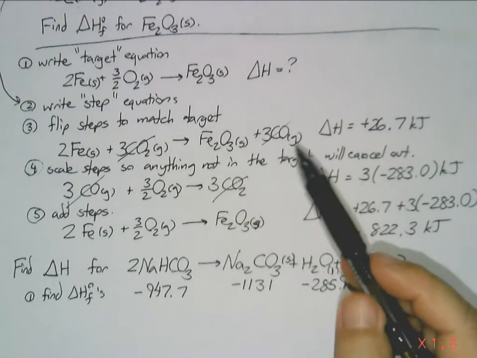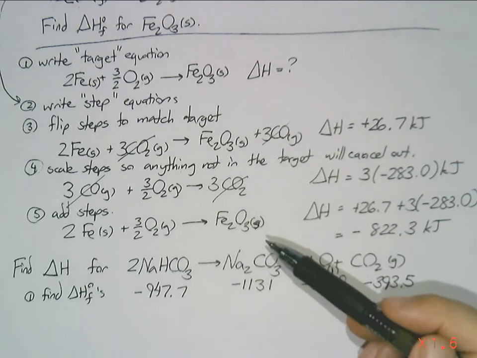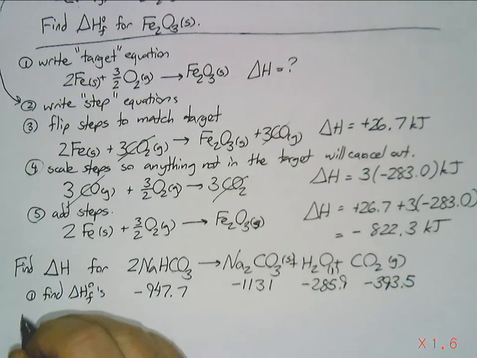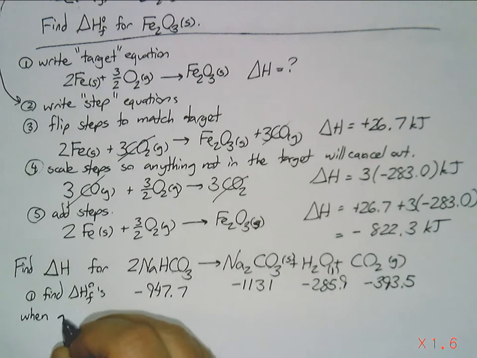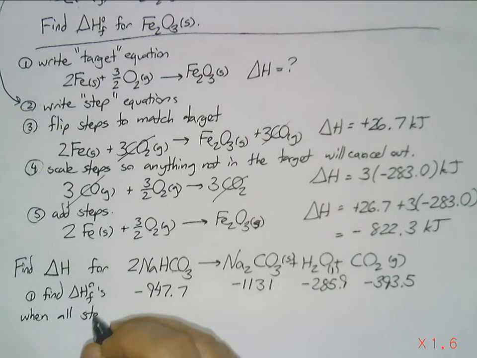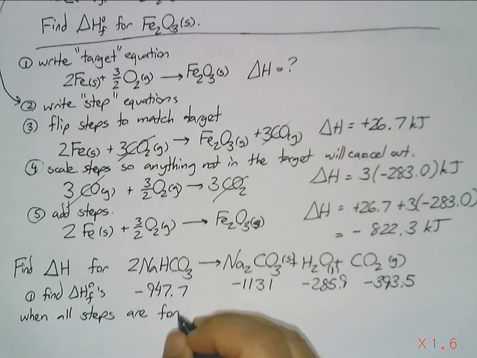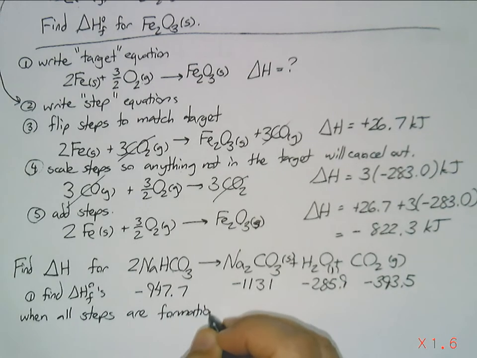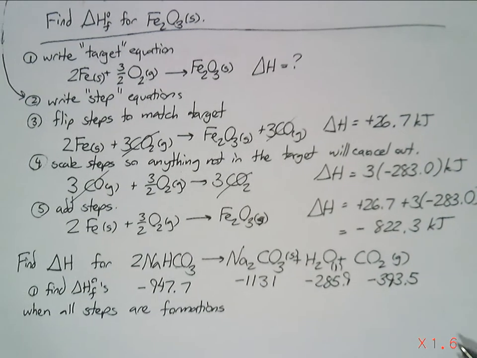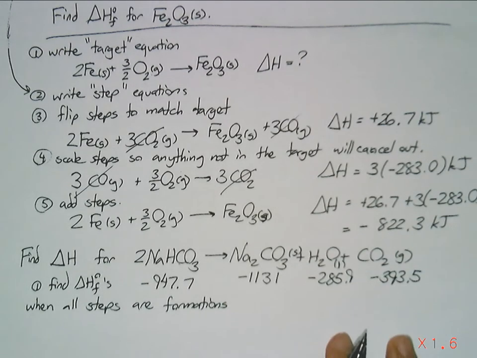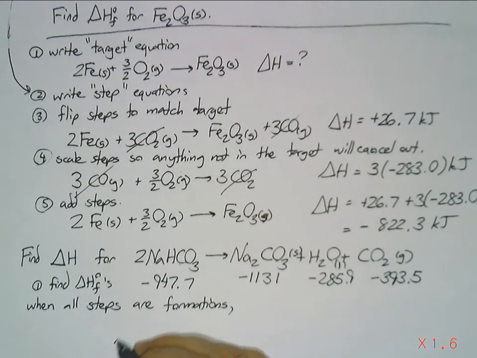Now, the long way to do it would be my procedure here, and that will work. That always works. But when all of your steps are formations, like we've got here, all of the step information that we've got are formations, you can do a shortcut.